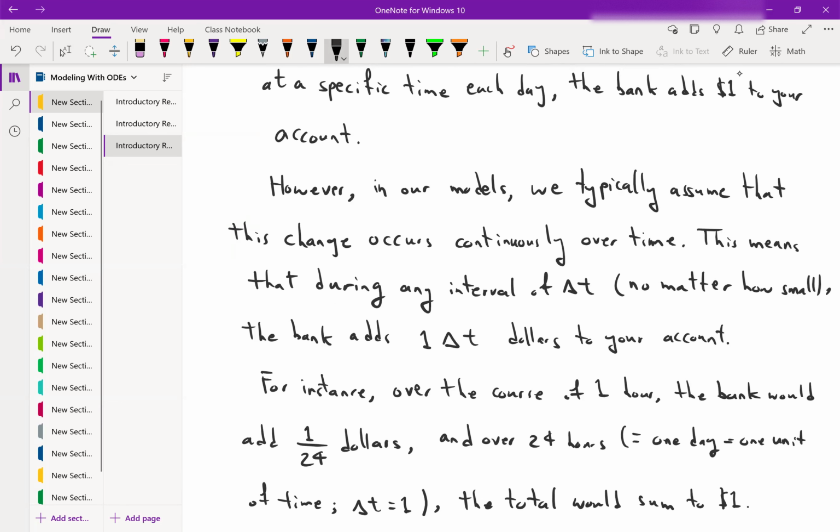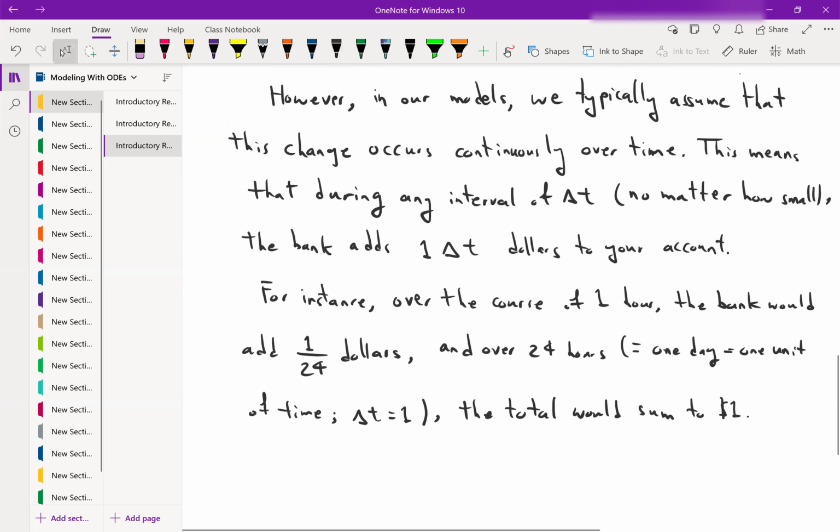In 1 day, you will have $1 more in your account. However, the way we are assuming that this increase in the amount of money is happening is continuously through time. It's not just one specific time, right?